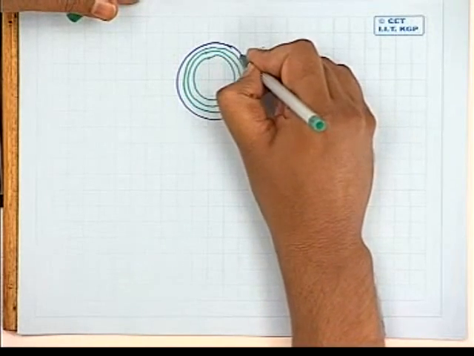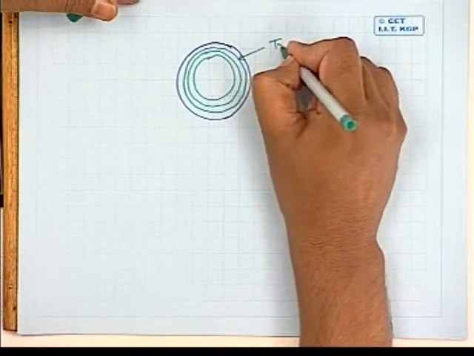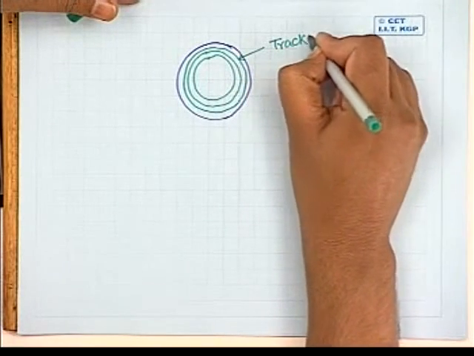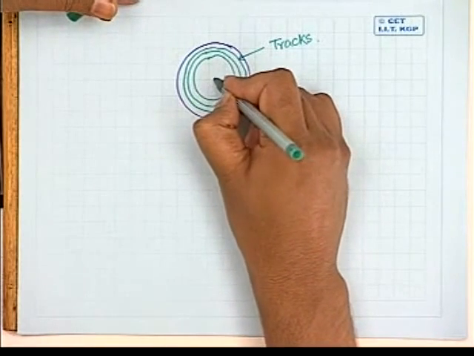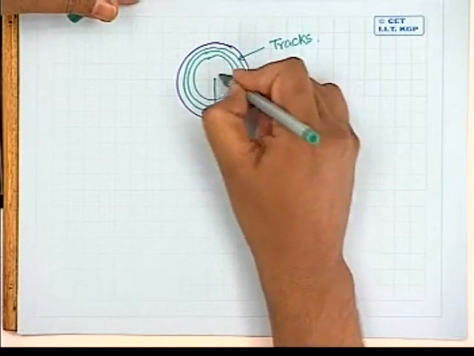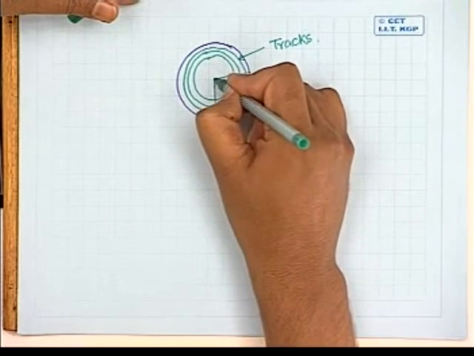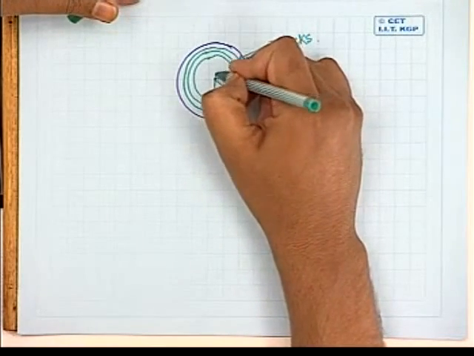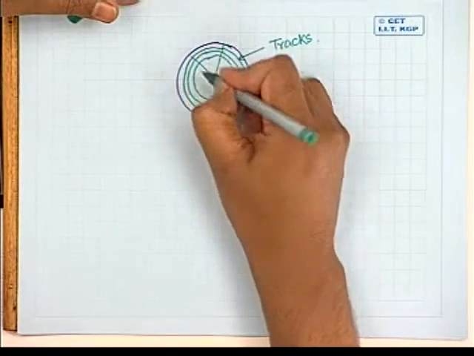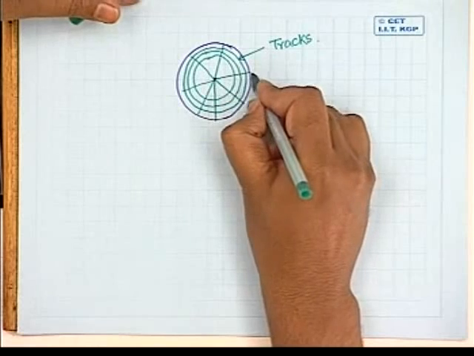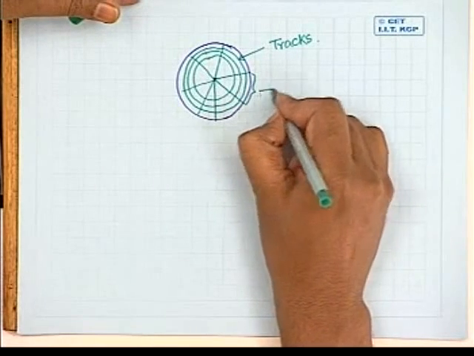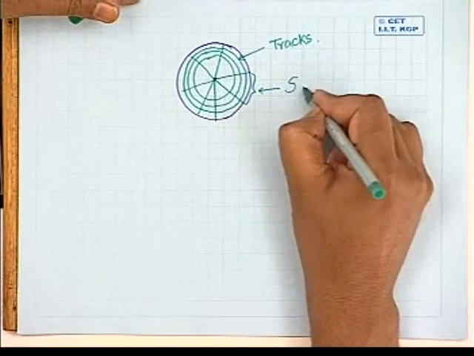So these are different tracks which contain the data. These tracks are divided into a number of sectors. Okay. So this is a particular sector.